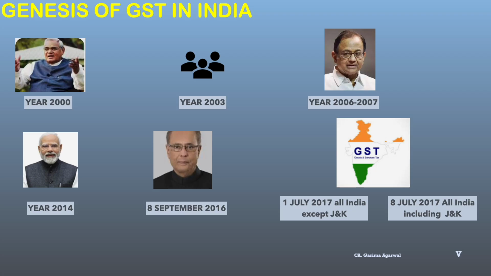Simultaneously, the enactment of the central acts was followed by the enactment of the state GST laws by the various state legislatures. So by 30th June 2017, all states and union territories had passed the respective SGST and UTGST acts, except for Jammu and Kashmir. After 8 days, that is Jammu and Kashmir on 8 July 2017, it was the first time in 70 years after independence that India truly became a common market.